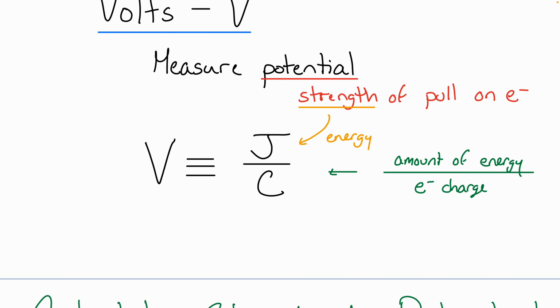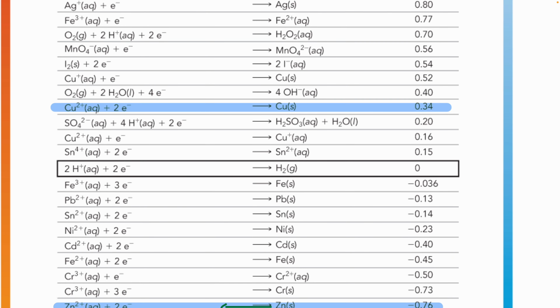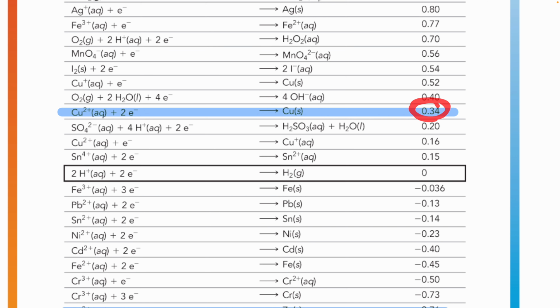All right, and since each electron's got the same charge associated with it, it's not like one's going to be different than the other. Okay, so going back to our table here, so for example, in this one here, that 0.34 volts, that is what each one of those two electrons is feeling the pull of. Right, the energy per coulomb.